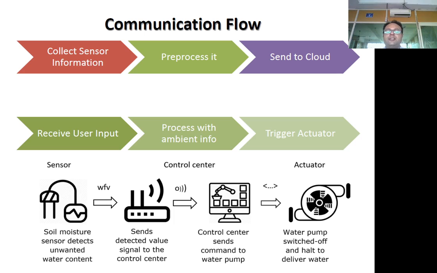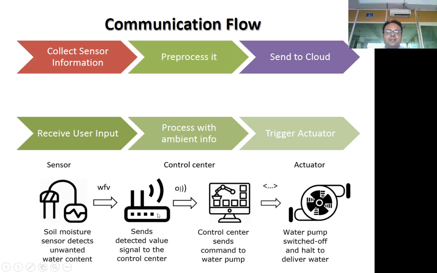So to prevent this kind of loss and to improve the productivity of your agriculture, you can use these kinds of technologies, where you use a sensor like soil moisture and automate your agricultural process with this system. The communication flow happens like this: the sensor will collect the data and send it to the gateway, where it is connected with some protocols, say Wi-Fi or GPS.